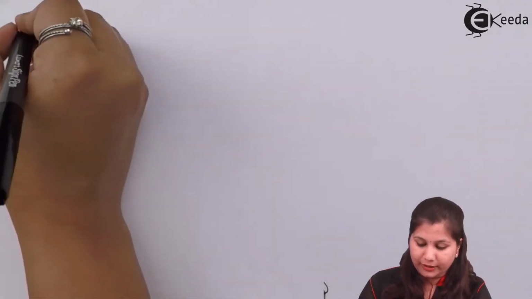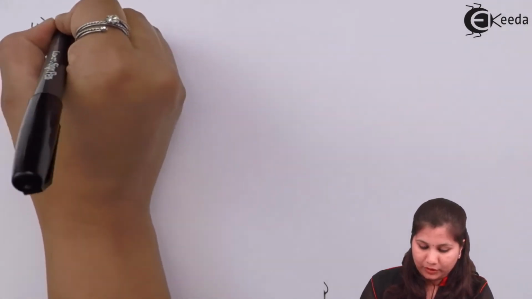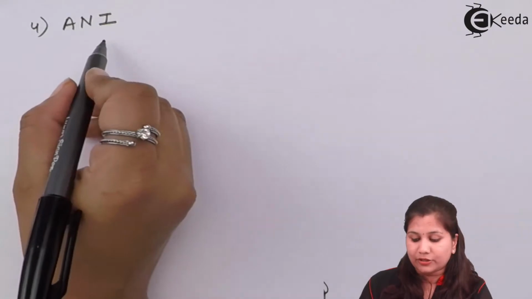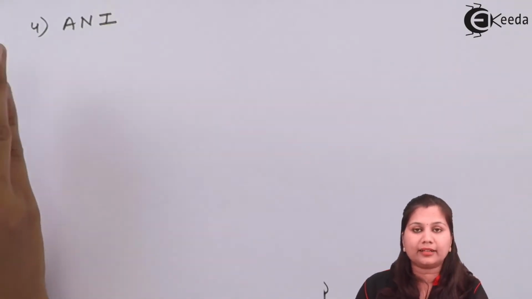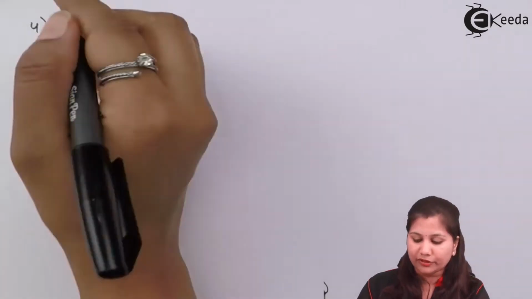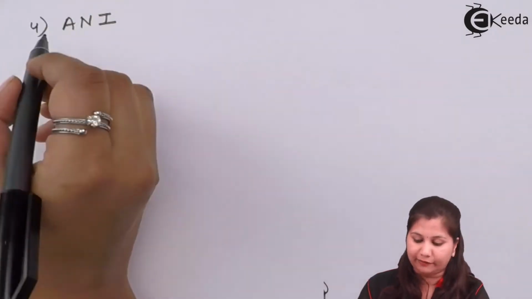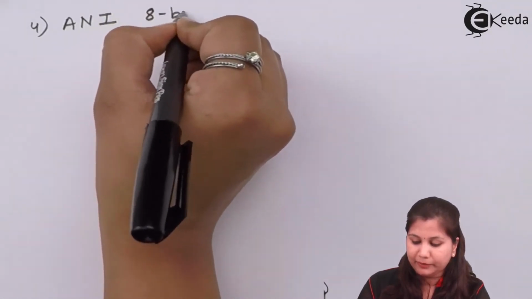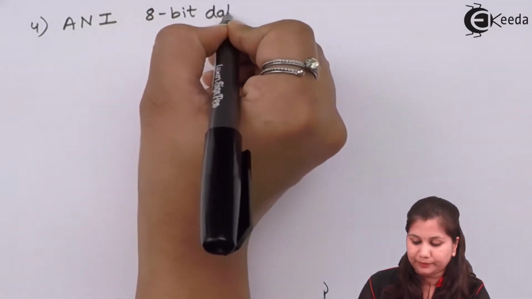Next instruction is ANI. This instruction logically ANDs the contents of the accumulator with the 8-bit data which is given in the instruction itself. So it will be ANI and then we will have an 8-bit data here.